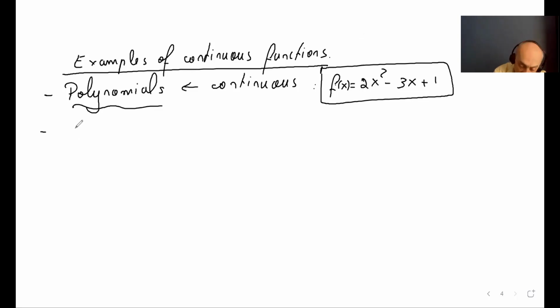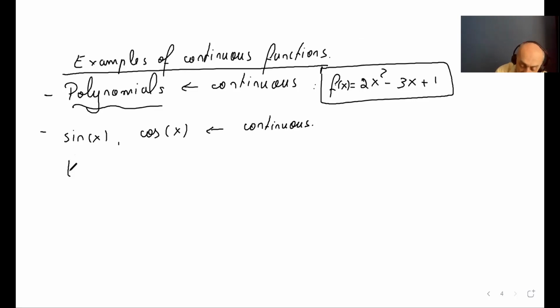And then we do basic trigonometric functions, sine x, cosine x. Oh, they're continuous. But the problem with trigonometric functions is that there would be places where they are discontinuous. So these are fine. Sine and cosine are fine everywhere.